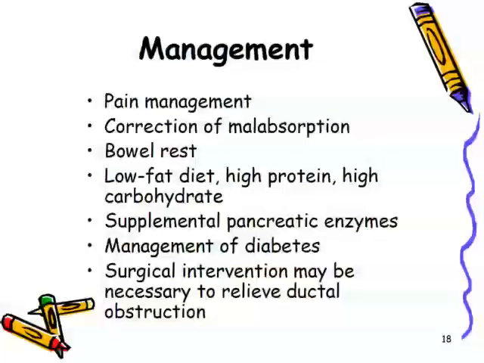So another med that's actually listed is the Sandostatin, which is the octreotide, I guess is how you would say it. And this actually inhibits pancreatic secretion and it may help also with pain control. So that's another med these patients might be on.